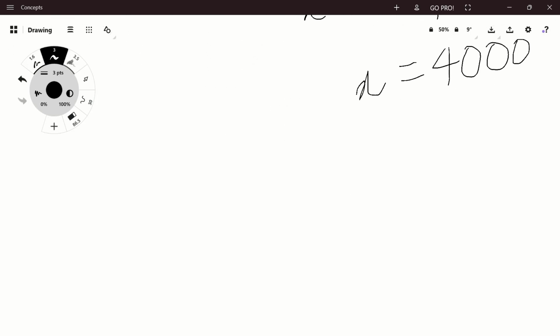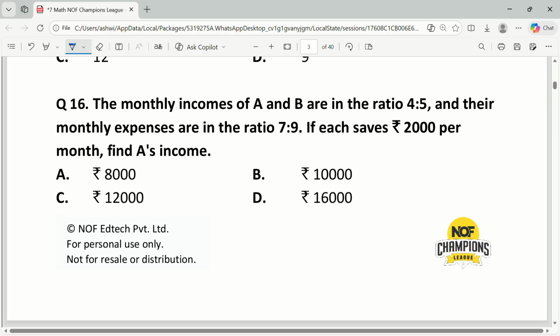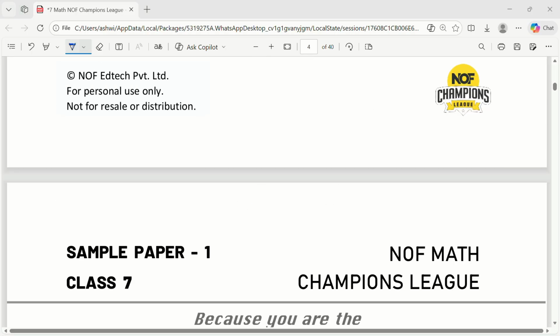Calculating the A's income, which is 4x, we substitute the value of x, which goes 4 into 4,000, that is equal to 16,000. So the answer is D.